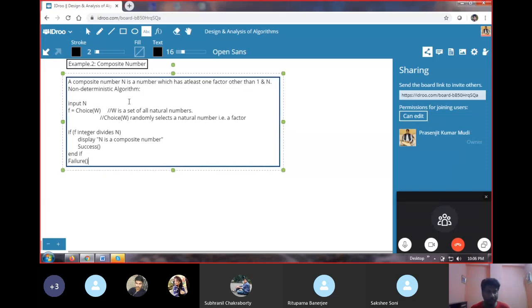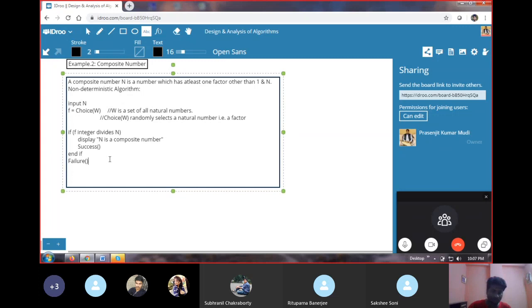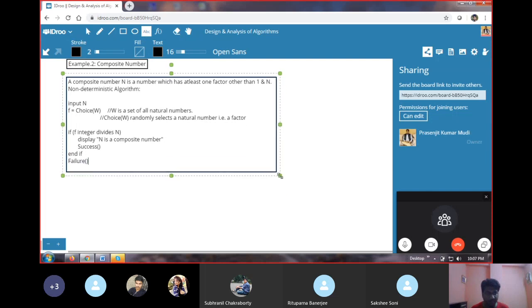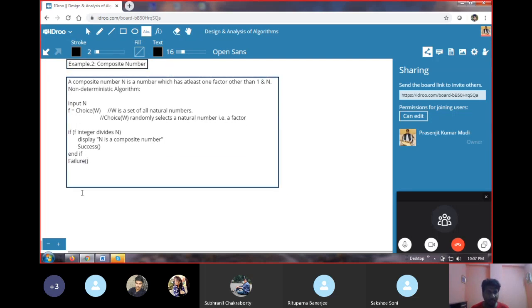And this is a non-deterministic algorithm, and if I want to compare this with a deterministic algorithm, my algorithm would be like this.